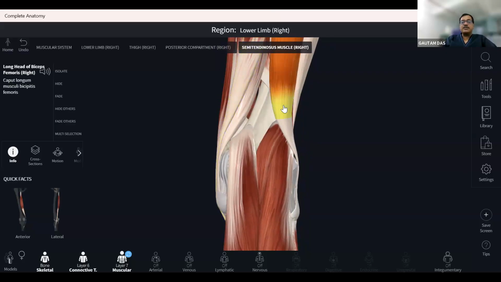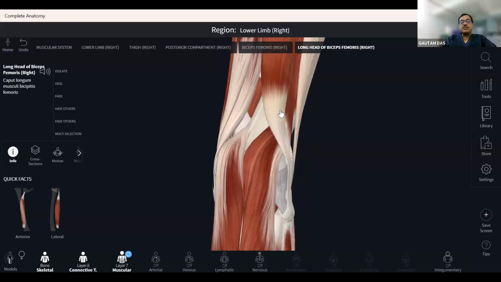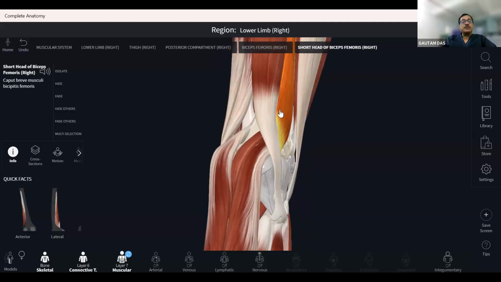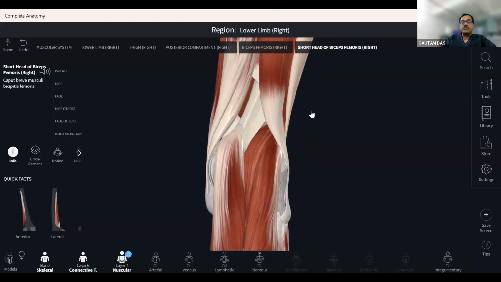On the lateral side, above is the long head of the biceps femoris, and below is the short head of the biceps femoris. Remember that when we look at the knee, the long head of the biceps femoris becomes almost tendinous. It is shorter and lies above the short head. So these are the important muscles.